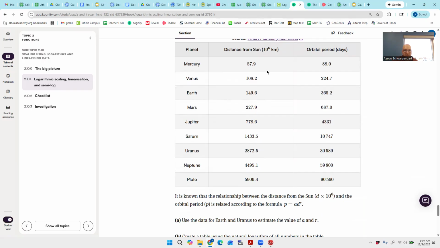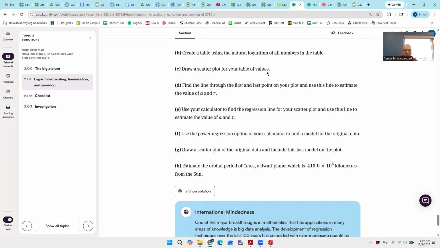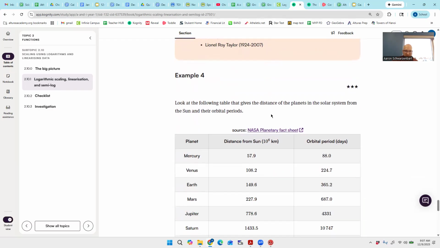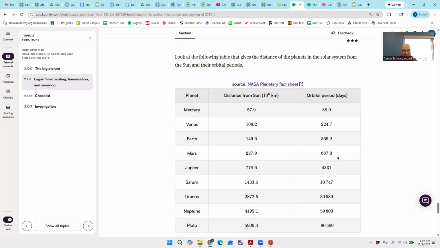So here's our distance from the sun. We're going to answer a whole bunch of these. Distance and orbital period in days. So I'll just log both because both the x and the y are a little bit crazy. Oh, this makes sense.